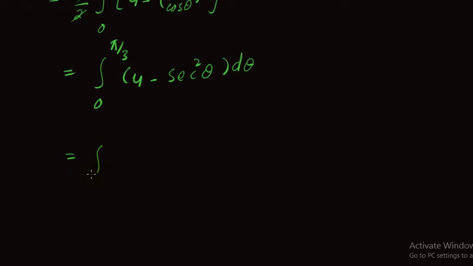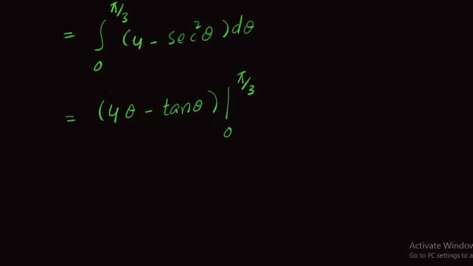Now we apply this integral. Integration of 4 d theta is 4 theta minus integration of secant square theta, which is tan theta, and variation of theta is from 0 to pi by 3.